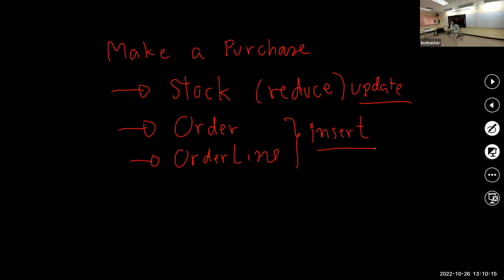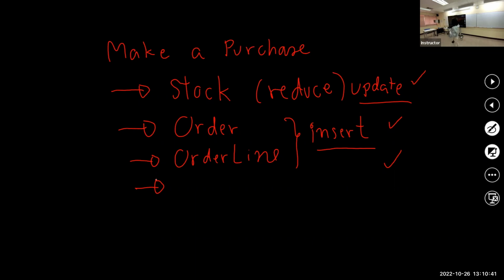Maybe no, not yet. But again, to do a purchase, you need to make sure that stock must be updated, order record must be inserted, order line must be inserted, or even if you have some other table like total revenue, sales, and so on, maybe they have to be accordingly updated too, right?